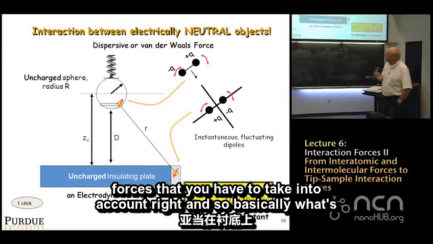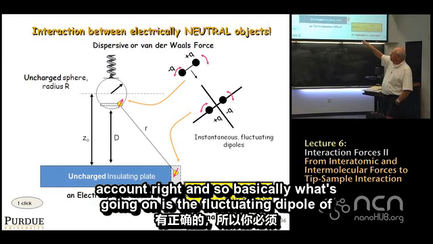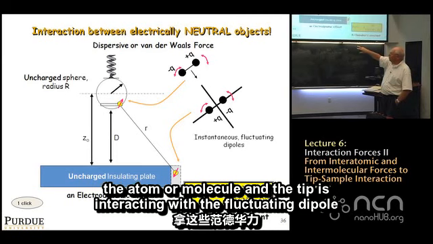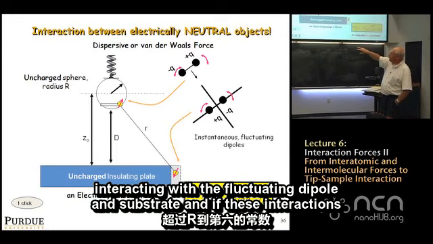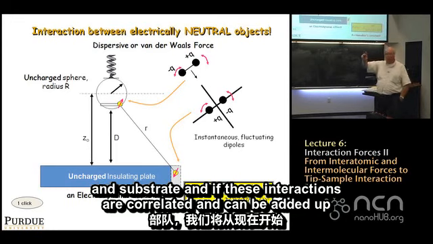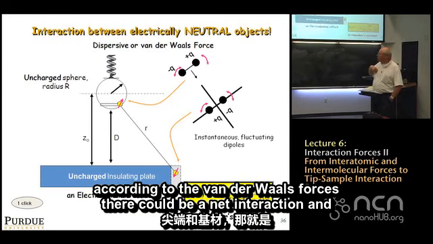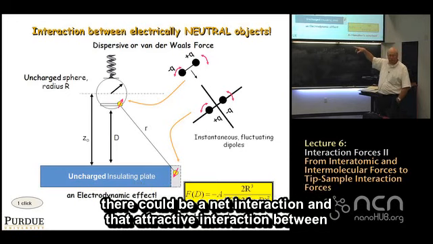Basically what's going on is the fluctuating dipole of the atom or molecule in the tip is interacting with the fluctuating dipole in the substrate, and if these interactions are correlated and can be added up according to the van der Waals forces, there could be a net attractive interaction between those atoms and molecules.